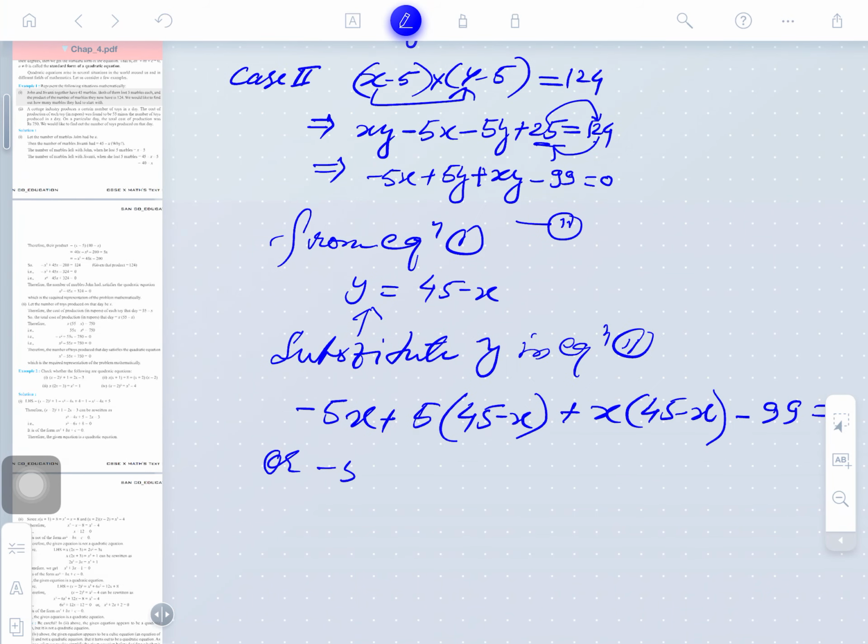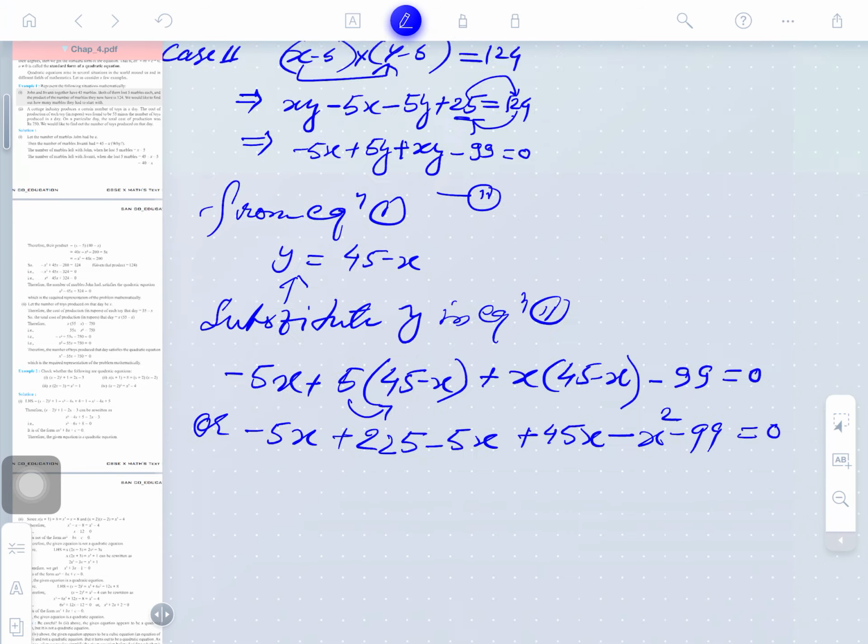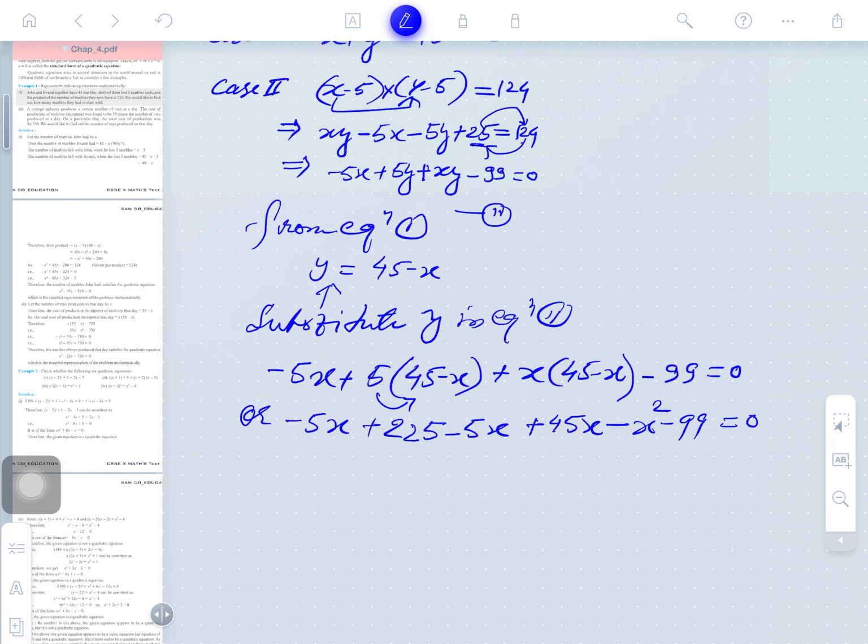Clear? This can be written as minus 5 of x plus 5 5s are 25, 5 4s are 20 minus 5 of x, clear, and 45 of x and x square minus 99 is equal to 0. You may see this or not. So, here look, if this is x, this is x, okay. So, 5x, 5x, 10x will be there, okay. It's a 10x and this is 45x.